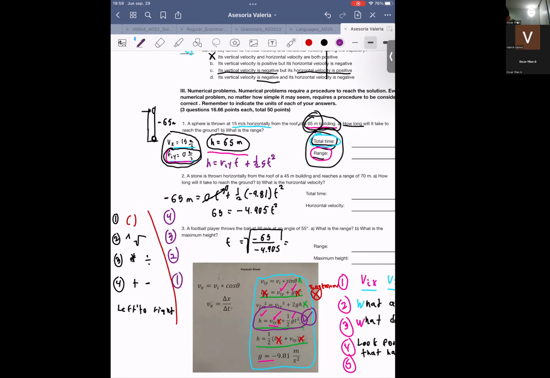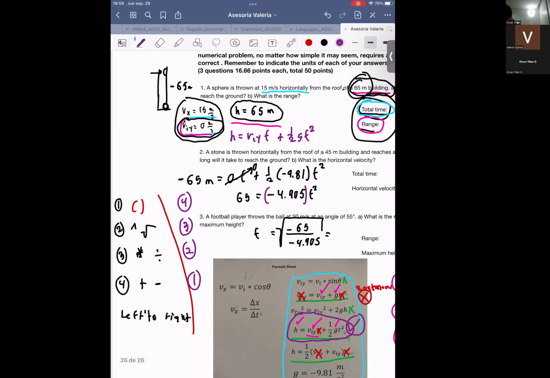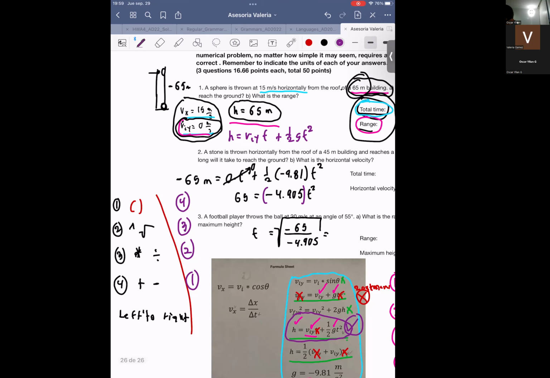Okay, this is important because if you see these two, these are multiplying, right? This is multiplying to this one. So in order to get this one, we first do the multiplication and then the square roots or the powers.